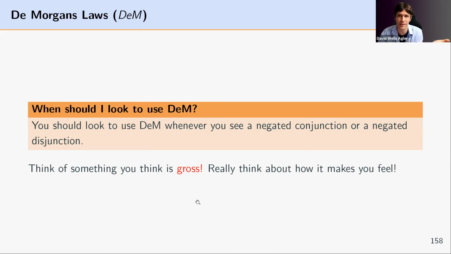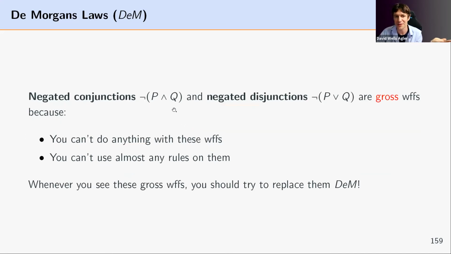Even though logic seems pretty sterile, one way you can think about it is to think about something really gross, something that disgusts you, that sickens you. Now that you have that image in your mind, you should associate negated conjunctions and negated disjunctions as sickening. They're gross, they're repulsive.